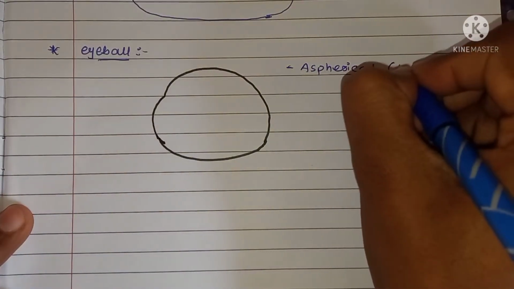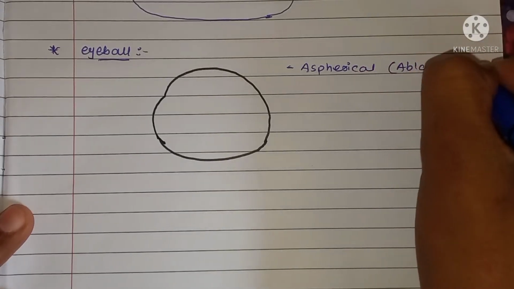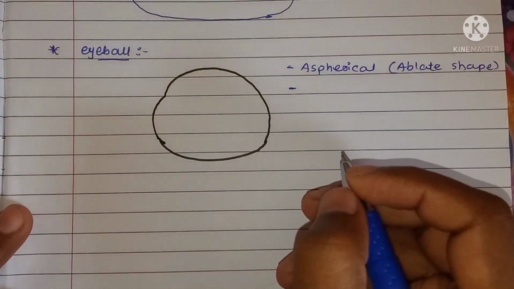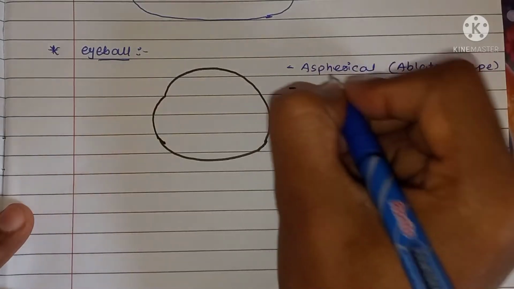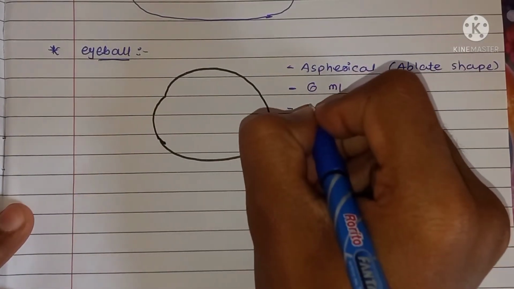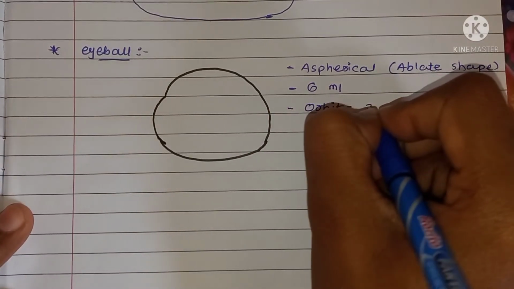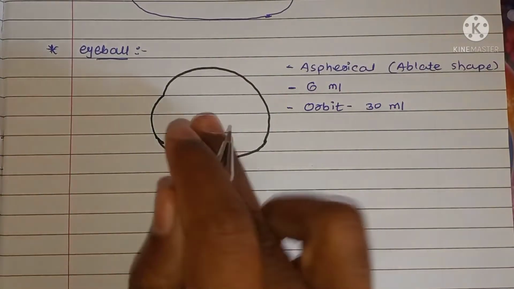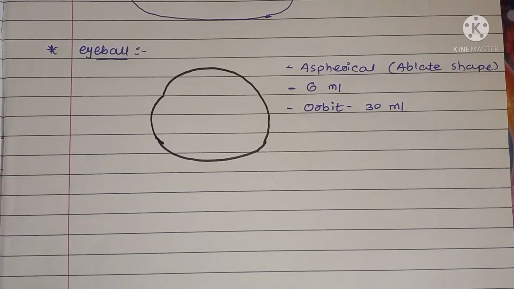Or you can also say that it is of oblate shape. I have already told you the volume of the eyeball is about 6 ml, and the volume of the orbit is about 30 ml. Now we are talking about the eyeball, so let's begin with the basic anatomy.